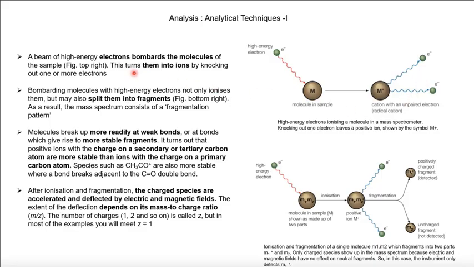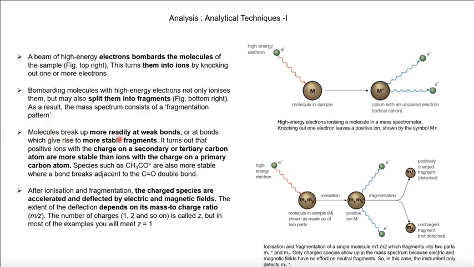So this turns into ions by knocking out one or more electrons. Bombarding molecules, high energy electrons not only ionize but also split them into fragments. Then we also get a fragmentation pattern from this mass spectrophotometry.